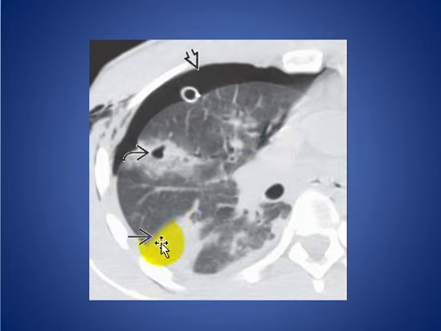This is another patient. We have surgical emphysema and contusion in the lung periphery here, and another contusion in that area with lung laceration. And we have also a right-sided pneumothorax.